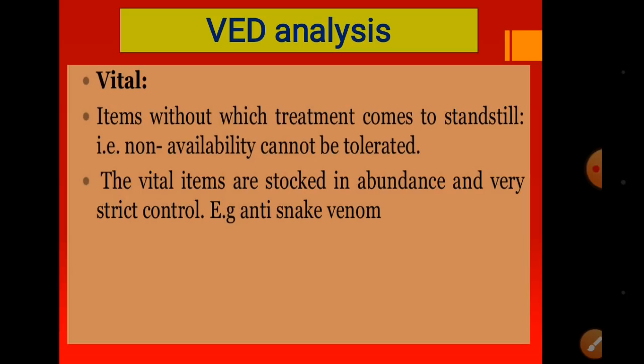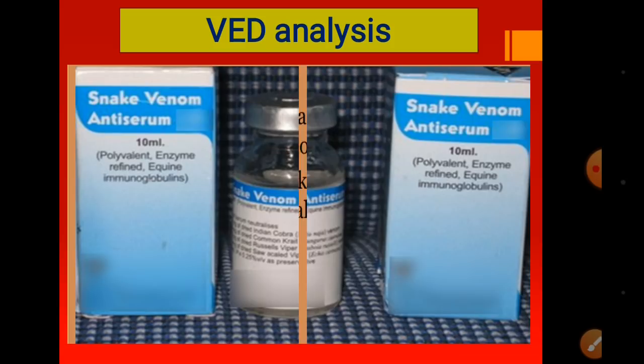Vital items are those without which treatment comes to a standstill, that is, non-availability cannot be tolerated. The vital items are stocked in abundance and under very strict control. Example, anti-snake venom.